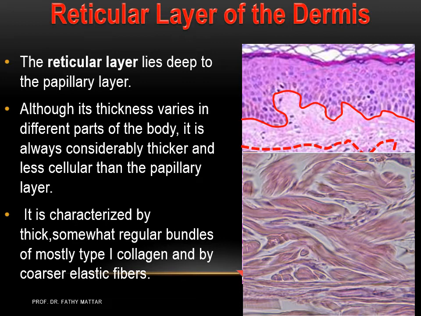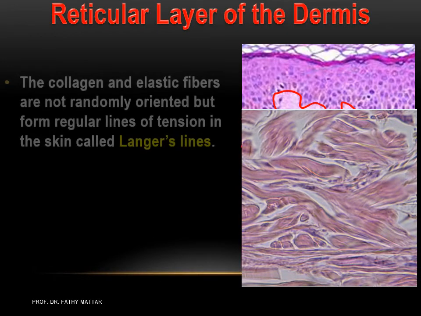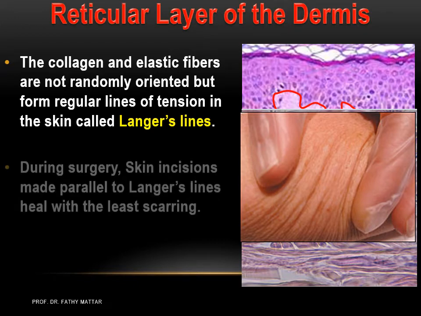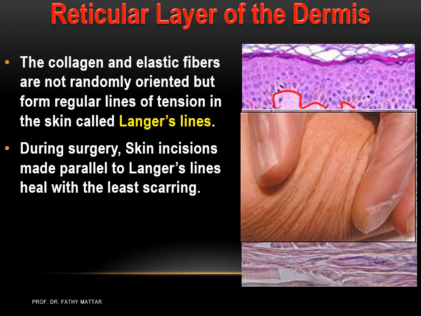The regularity of collagen bundles and fibers forms regular lines of tension in the skin, which are called Langer's lines. Langer's lines are very important during surgery, since incisions made parallel to them heal with the least scarring.